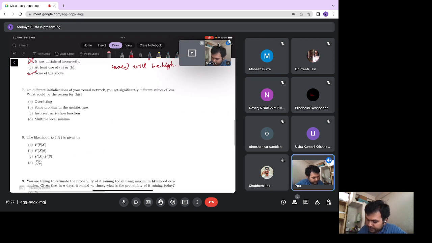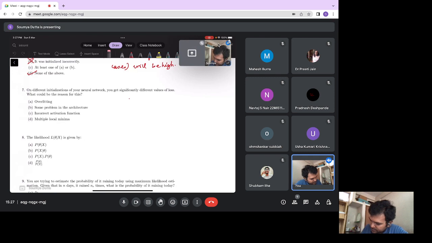Okay, then comes the next one: on different initializations of your neural network, you get significantly different values of loss. What does that mean? You see what happens with neural networks is the loss. Okay, so there is a concept of a loss curve. So what do we mean by the loss curve?